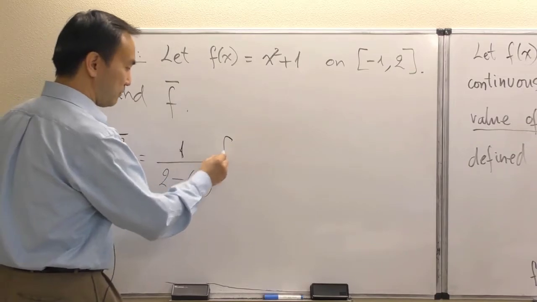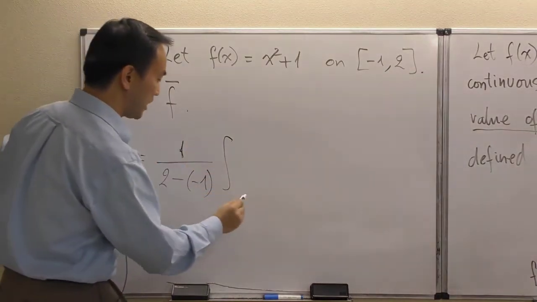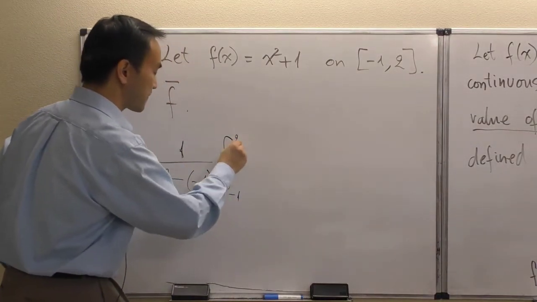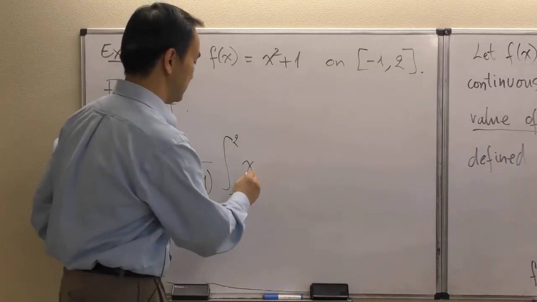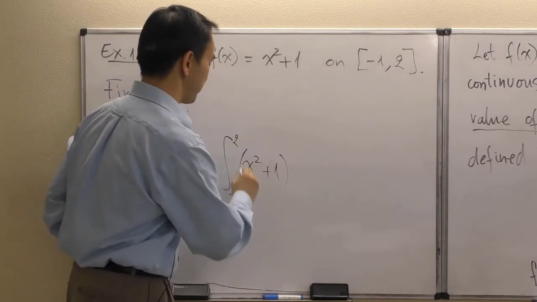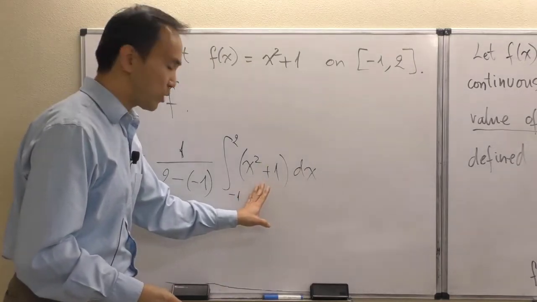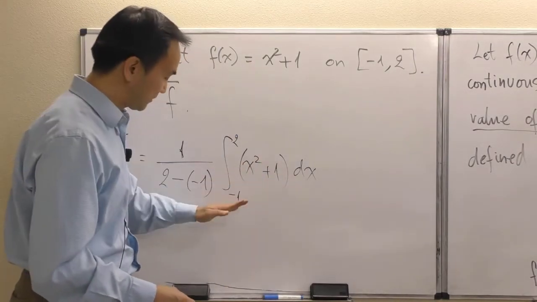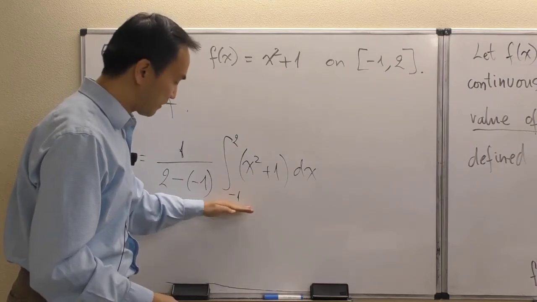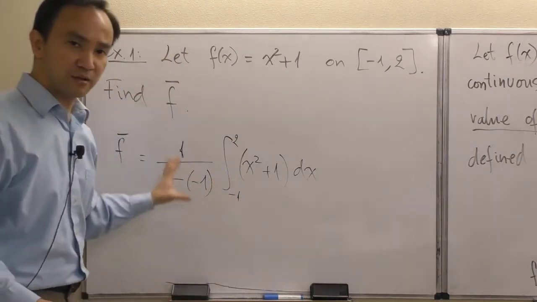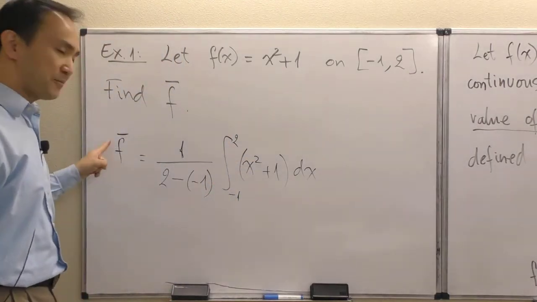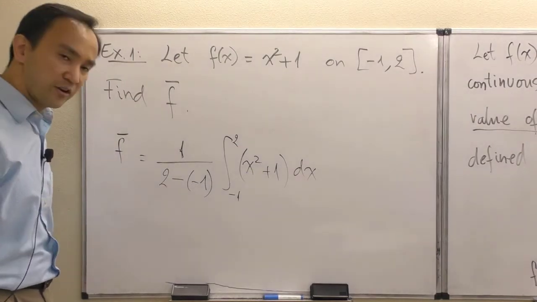Then I'm going to multiply this quotient with the integral from -1 to 2 of our function x squared plus 1, the definite integral with respect to x. And that is the complete setup for our f bar value, the average value of the function.